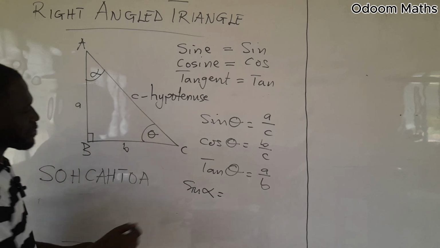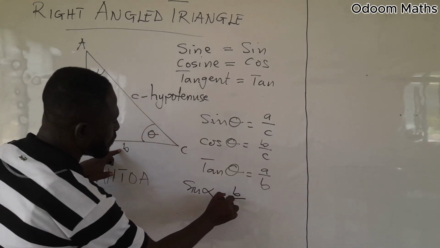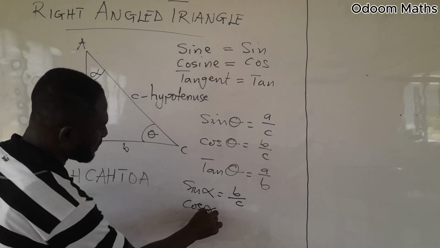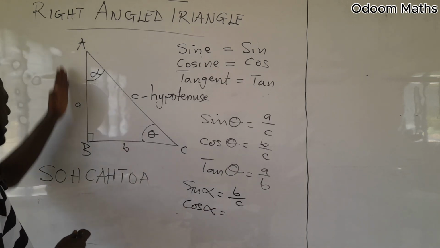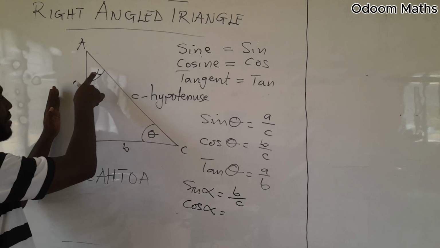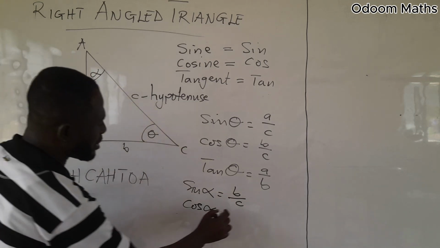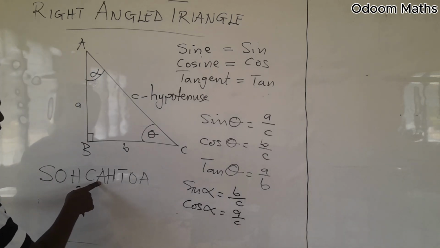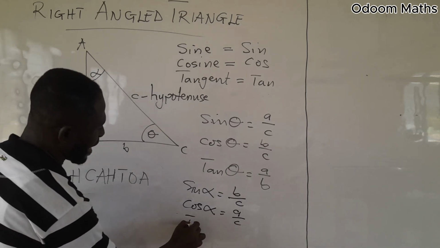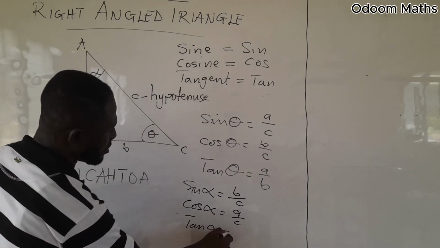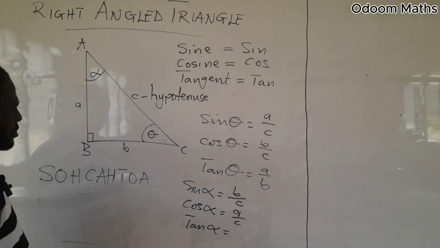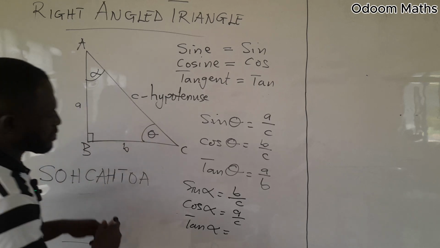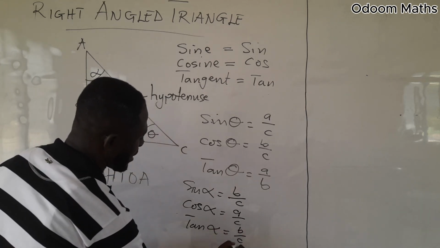So sine alpha is opposite, which is B over hypotenuse C. Then cos alpha is the adjacent side, which is A over C, adjacent over hypotenuse. Then tan alpha is opposite over adjacent, so that is B over A.